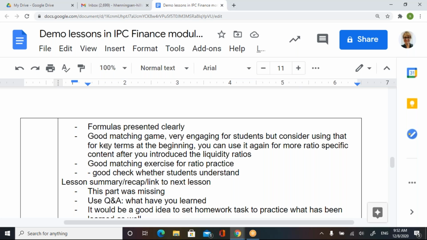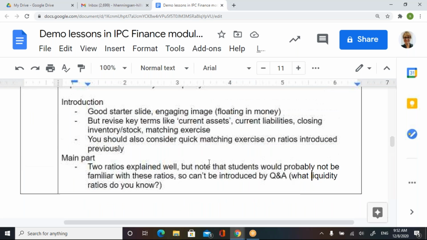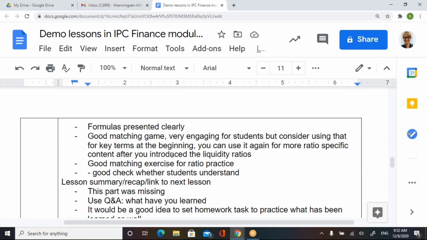So that type of matching exercise, have it in your introductory phase for the key terms of current assets, current liabilities, closing stock, inventory, and maybe even a quick recap on ratios you've done before, or on the purpose of ratio analysis, okay? And then use it for the specifics of the liquidity ratio in the main part.